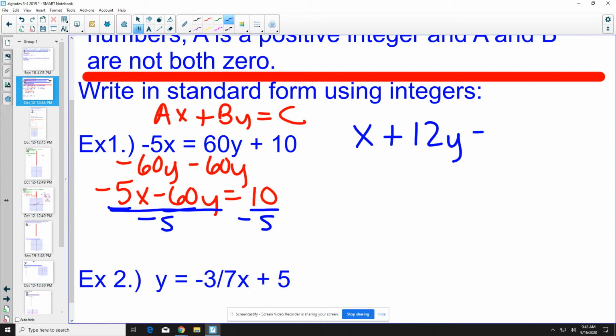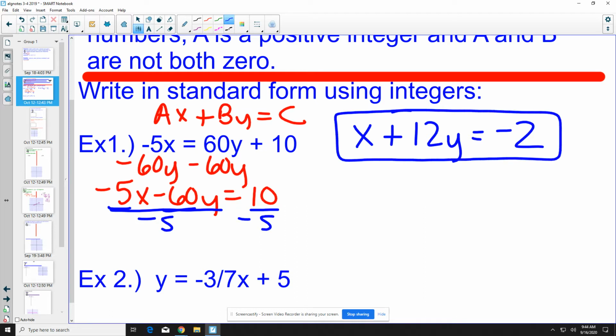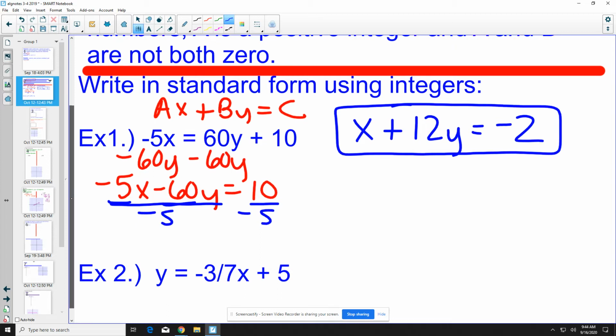And then equals, and 10 divided by negative 5 is negative 2. So this is what standard form looks like. I have x plus y on the left side, my constant on the right. My coefficient for x is positive, and my coefficients 1, 12, and the constant negative 2 do not have any common factors. That's what we call standard form.